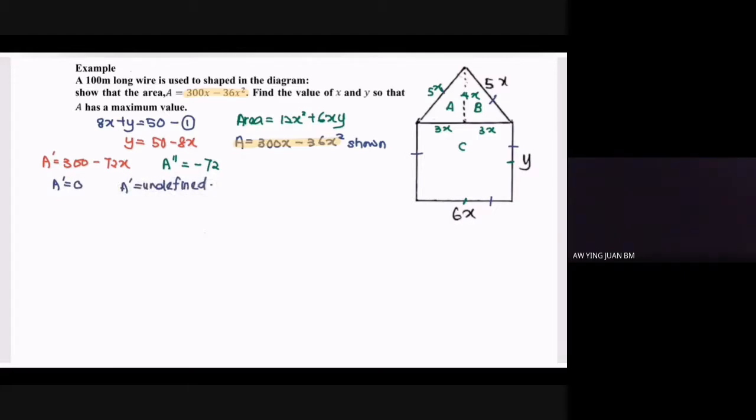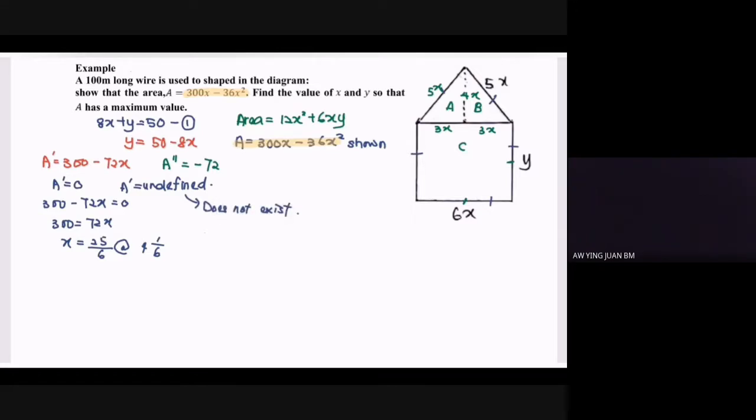So now, A prime equals to 0, where we have 300 minus 72x equals to 0. Kindly rearrange and we will have 300 equals to 72x, and x is equal to 25 over 6. For the situation A prime equals to undefined, for this case it does not exist.